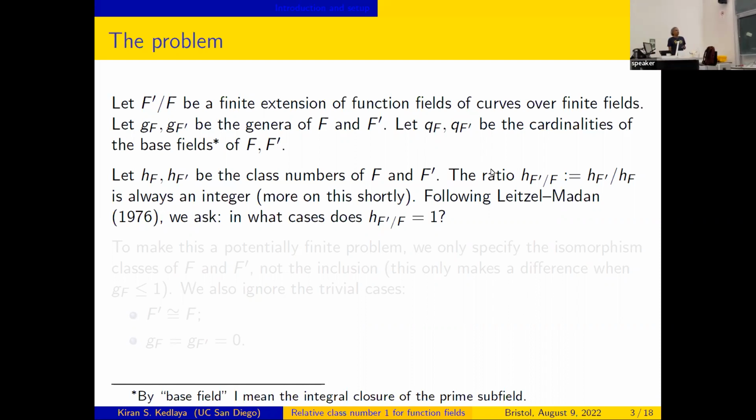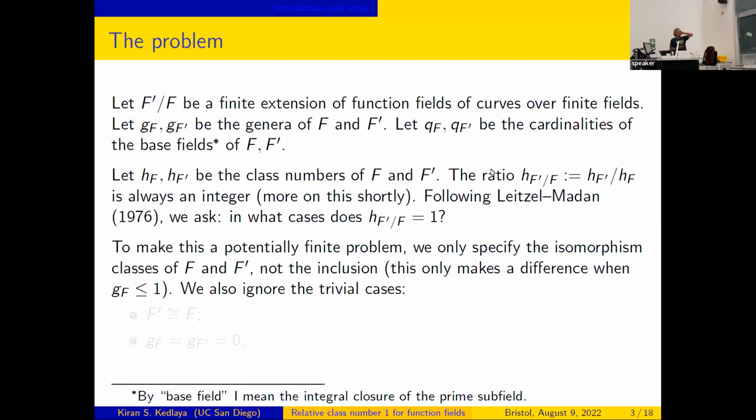And so the relative class number one problem is: when can this relative class number be equal to 1? And as far as I know, this question was first asked by Weitzel and Madan in the 1970s. Now, in order to make this a well-posed finite problem, I have to cut out a few sources of non-finiteness.